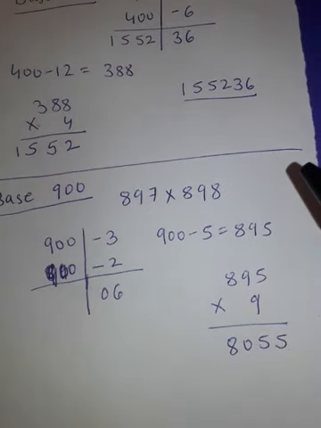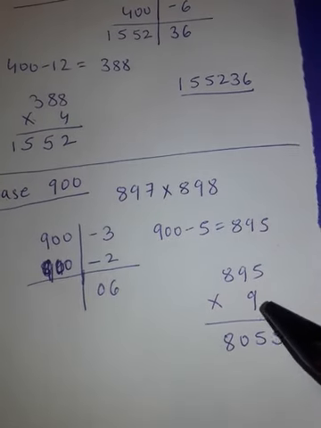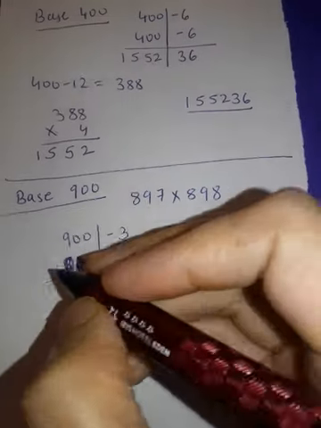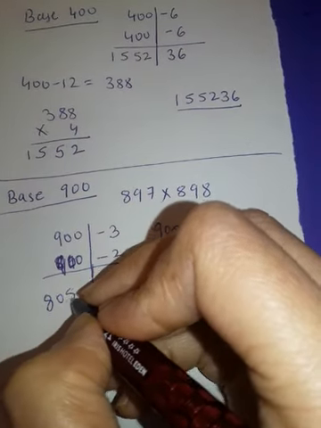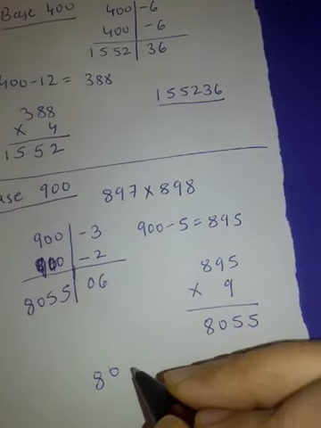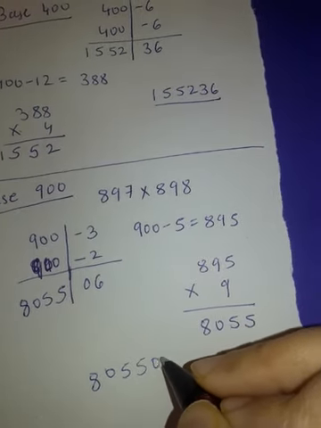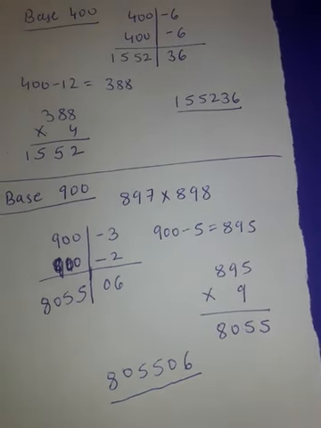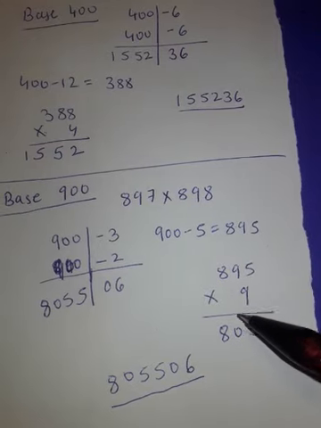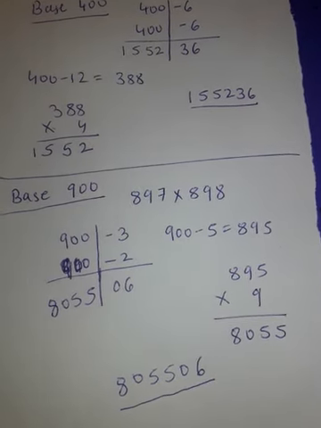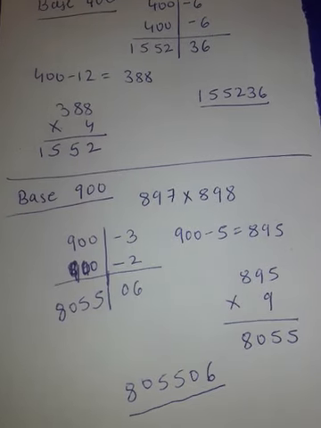Now since the base is 900, let's multiply 895 by 9. You get 8055. So write 8055 here and 06, and that becomes your answer, 805506. In a few seconds you will get it, and the product is also by a single digit, so it's not much time consuming. I hope you like this trick.